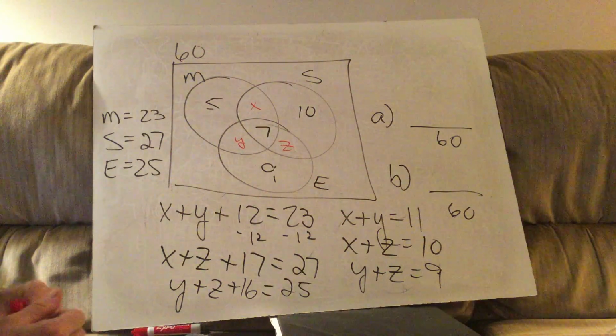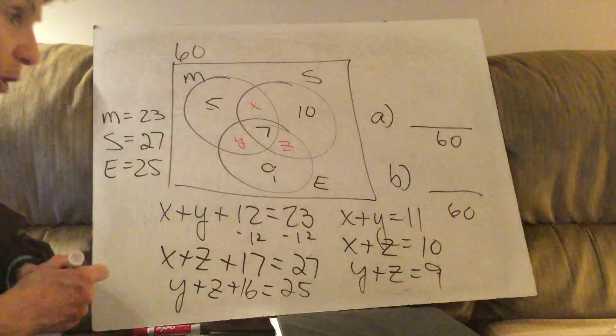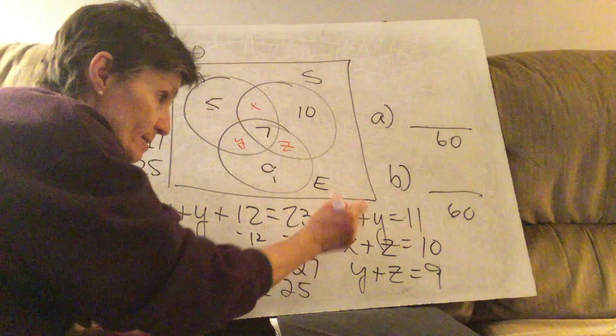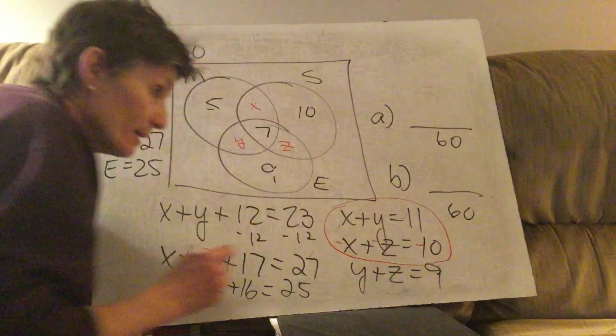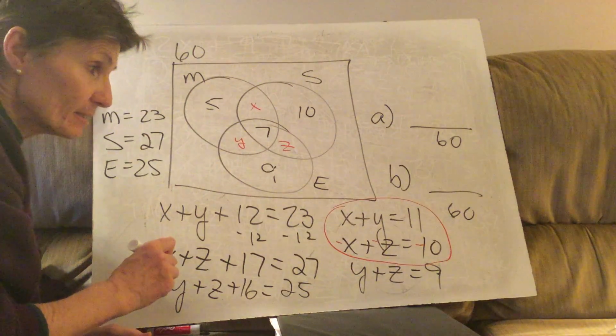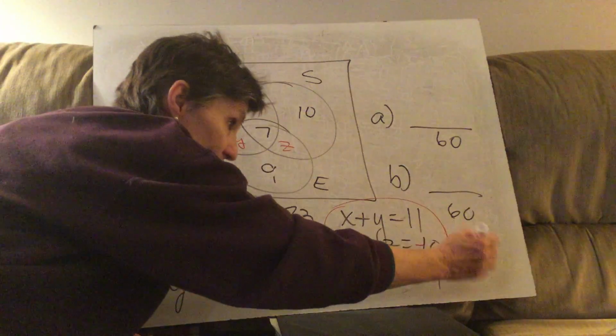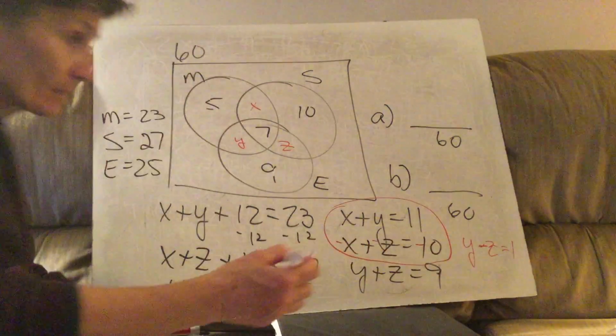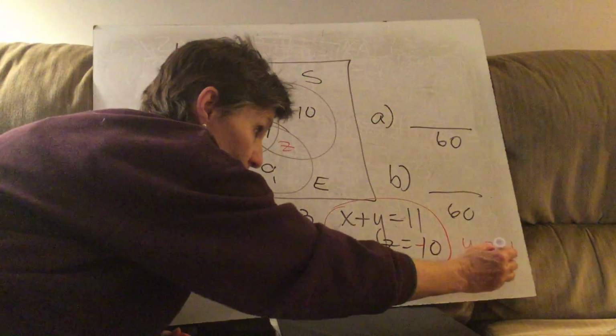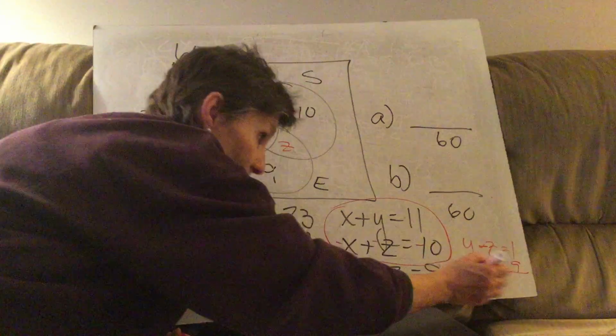Now you can solve this lots of different ways, but the way we have always done it is looking at these two right here. We've multiplied through by a negative and added. So y minus z equals 1, and y plus z equals 9.